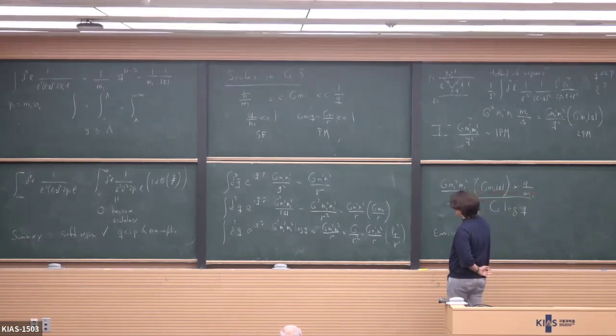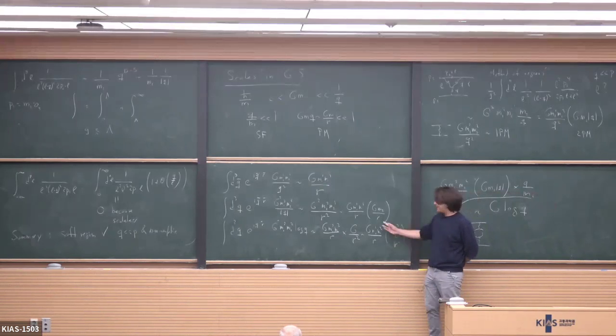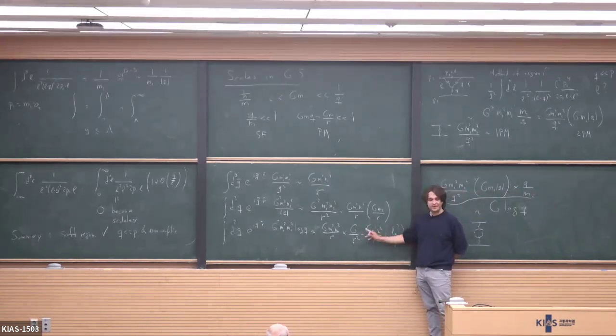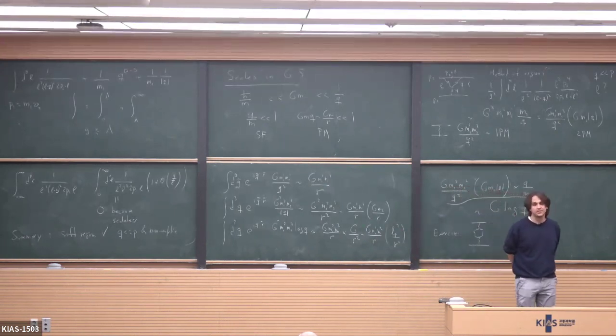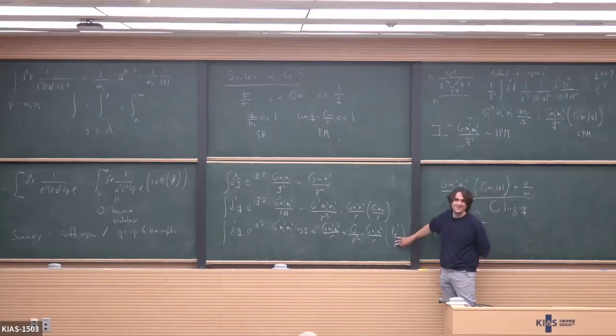The question is, is this bigger or smaller than a very high power of this, right? And for a fixed value of this, if it's smaller than 1, G M over R, there's always going to be a power that's going to be smaller than this. I mean, it's extremely tiny, so I think in principle it's not obvious. Yeah, but I don't think we're ever going to detect this in our lifetime for sure.